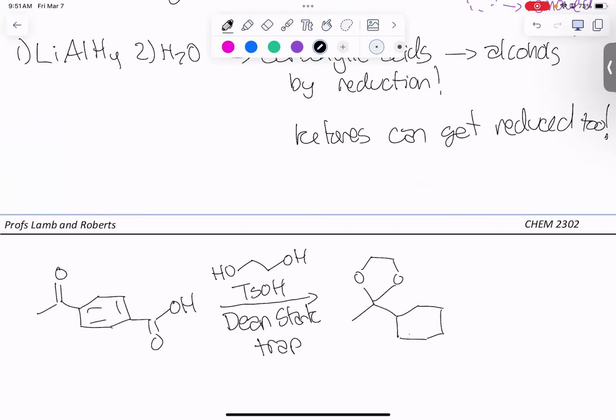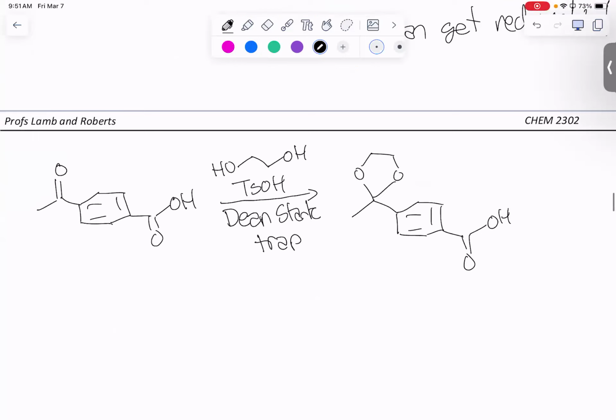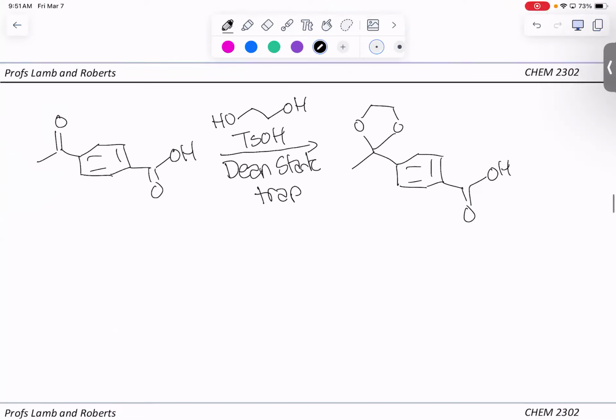Recall, even though we have a carboxylic acid, we did not learn that cyclic ketals and acetals react with carboxylic acids. They don't. Even though we have a carbonyl carbon, a carboxylic acid functional group is different than a ketone functional group. Sometimes they react the same, like with the lithium aluminum hydride, and sometimes they react different. So in this case, because they react differently, we can protect that.